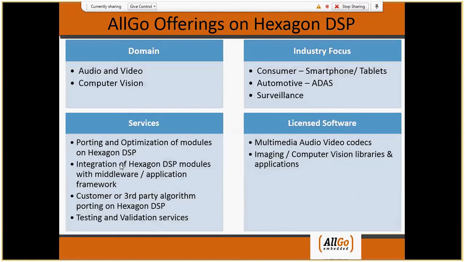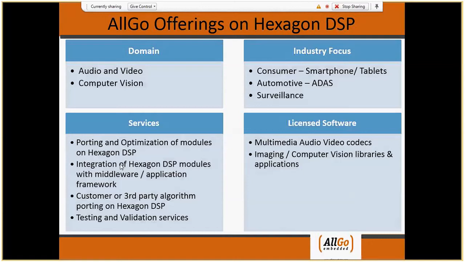And also we work with third-party algorithms and help the customer port their solution onto Hexagon DSP. We also offer testing and validation services, where we help the customer test and validate some of their products and try to get the fix or get the solutions working.